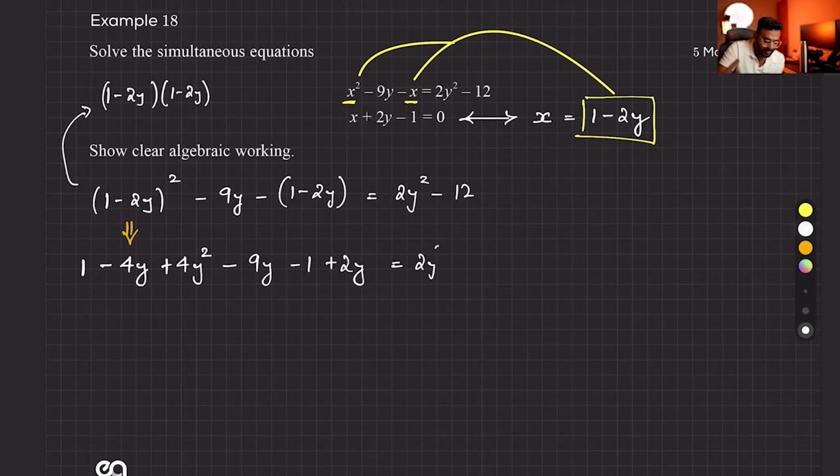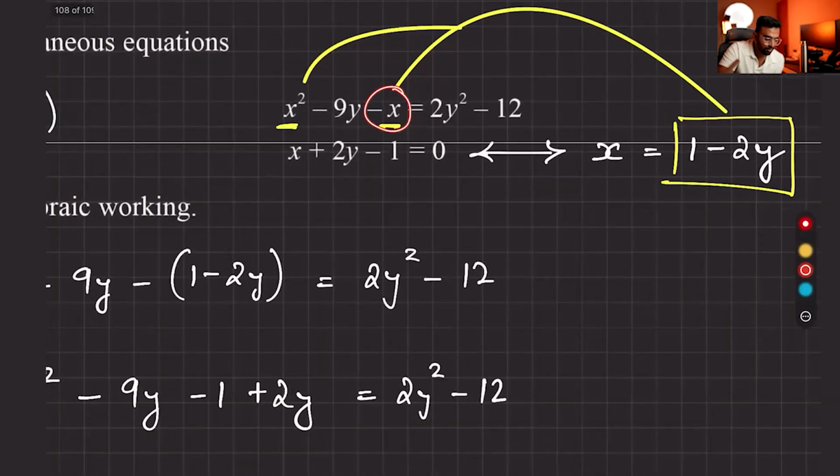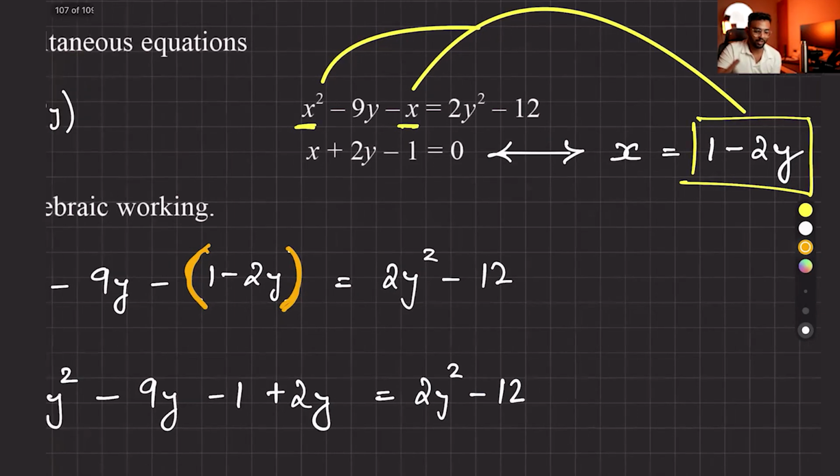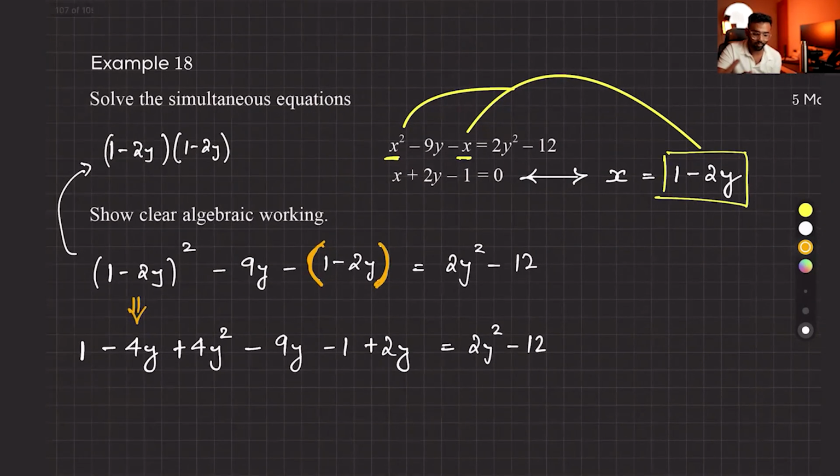Now here is a very important step. A lot of students make mistakes. Do you see that x here? This one right there. It says minus x, correct? But we have replaced this whole thing. And therefore, if you don't put this bracket, you lost it. You see that yellow bracket right there? It's very important. You need the bracket. If you don't put the bracket, what are you going to do? Imagine we don't have the bracket.